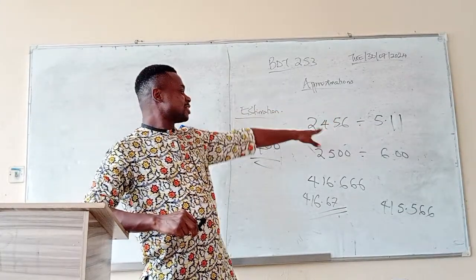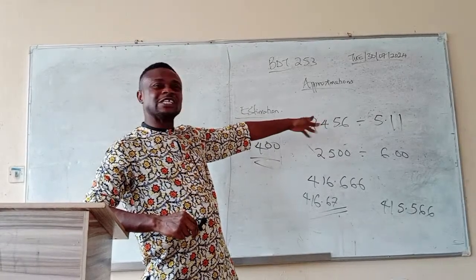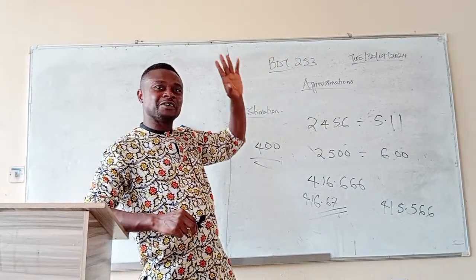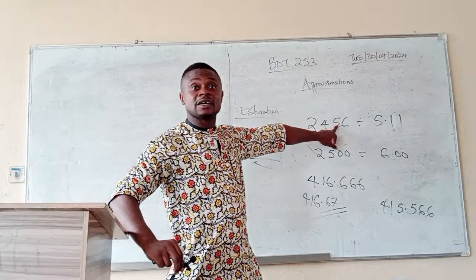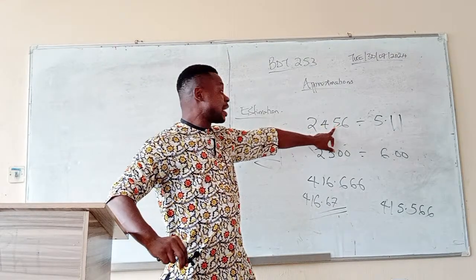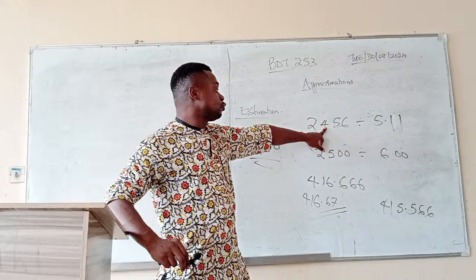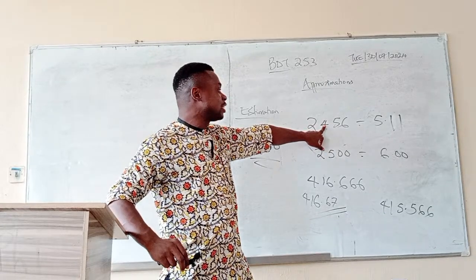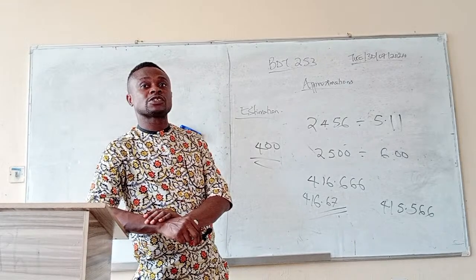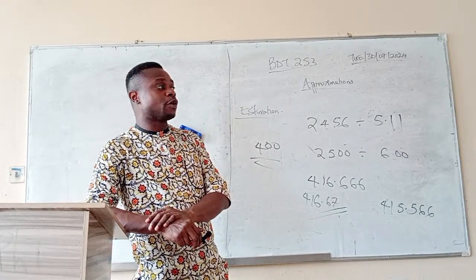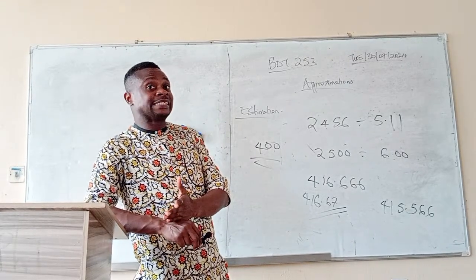Call this 5. Dividing 2,456 by 5 would put me into unnecessary stress, so let me round up here and call this 2,500. 2,500 divided by 5 is 500. Am I complicating? Yes. I decided to do it that way.